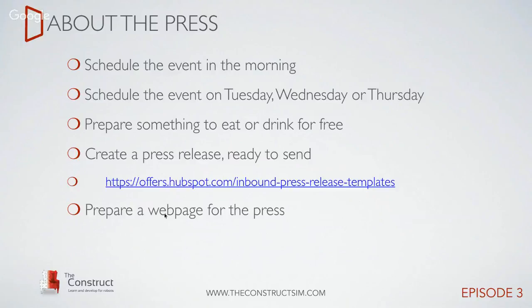Then also prepare a web page for the press. For this web page, I have put here an example also from HubSpot because it's very good. The web page for the press is a page that contains many things that they may want to use for their news, for their writings about your robot.